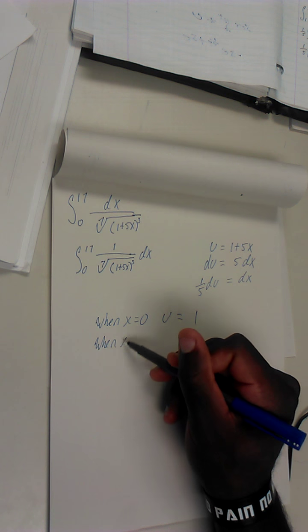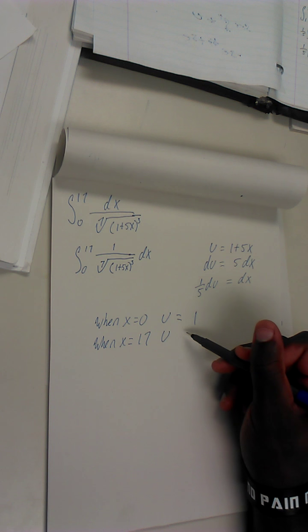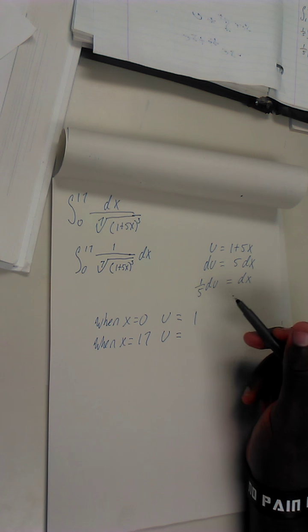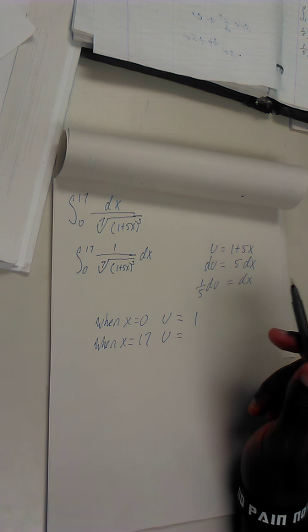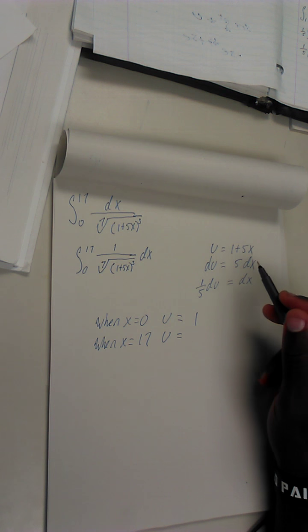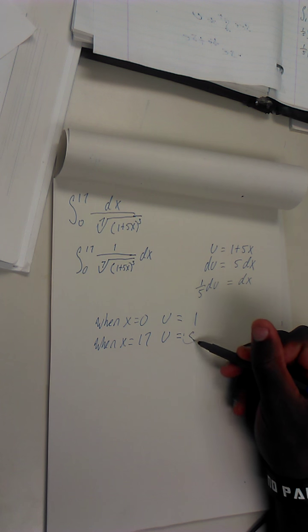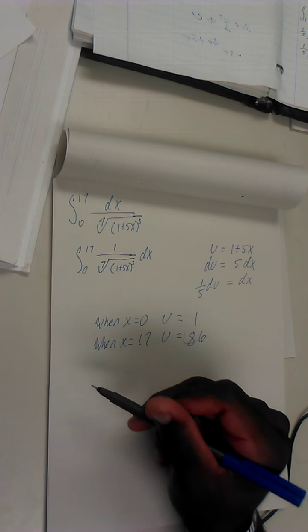And when x is equal to 17, u is going to be equal to 17 times 5 is 85 plus 1, you're looking at 86. So now we've got limits and everything else in terms of u.